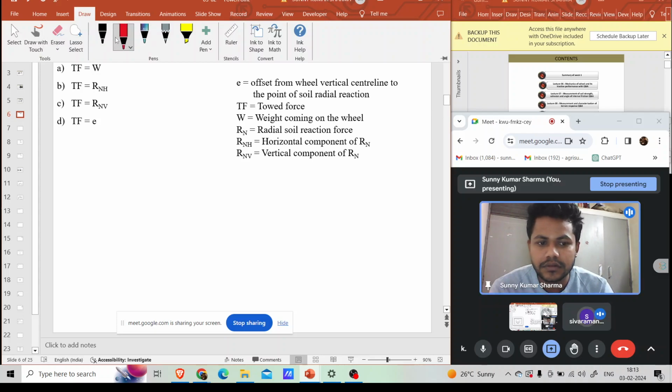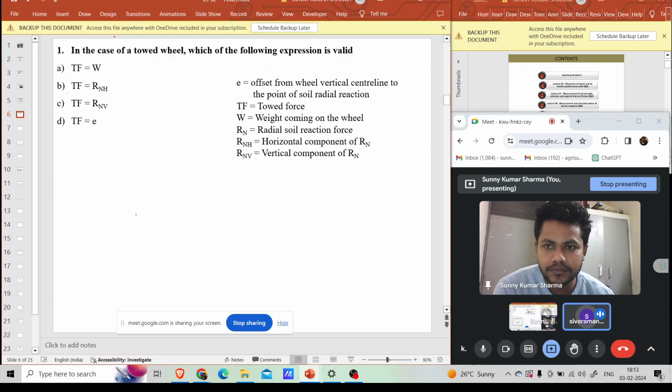TF is the thrust force we are going to give through the torque, sir. Then the horizontal force of the soil reaction will be the RNH, sir. So when we give the TF opposing it, we can give the motion, sir. Yes, you are absolutely correct.